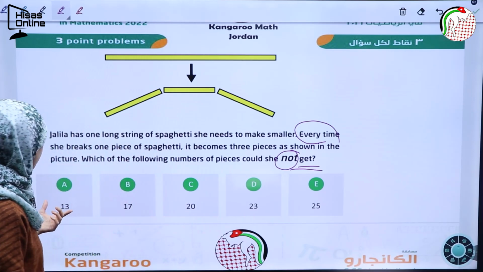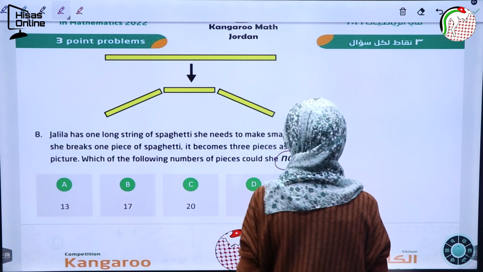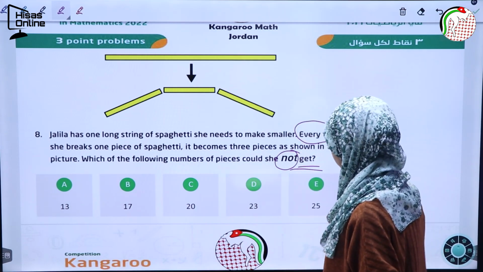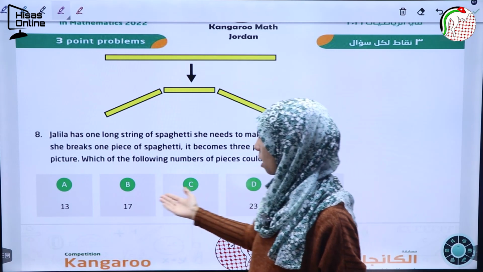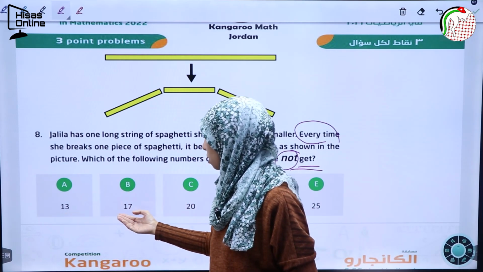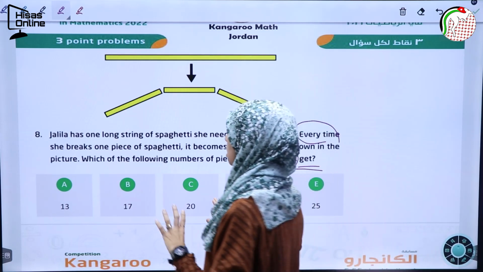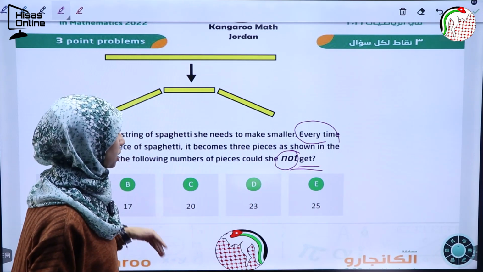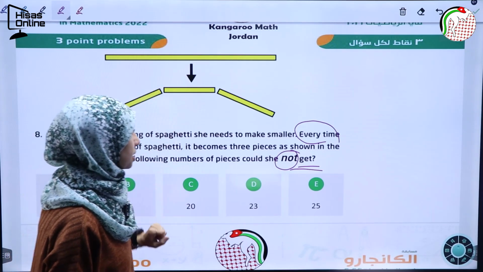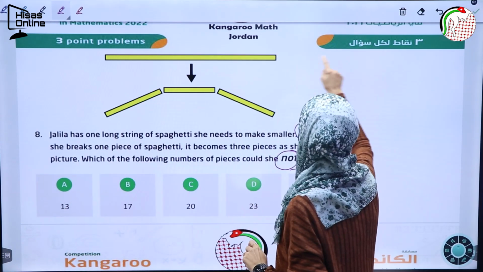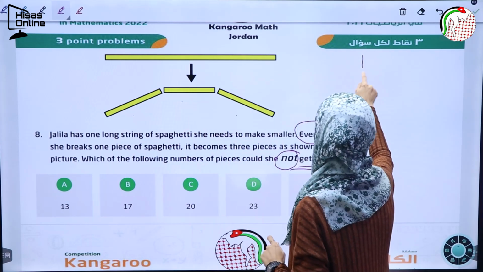Let's see the options: 13, 17, 20, 23, and 25. By having a quick look here, I can see odd, odd, even, odd, odd. This is my first impression about the numbers. Now let's see the number of pieces that she may have. First of all, she had 1. Then she had 3.